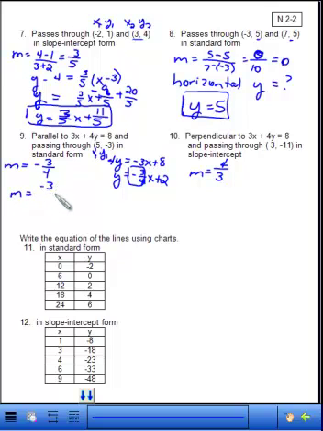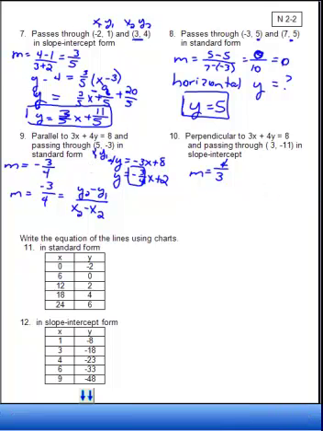Slope is -3/4, and the slope of our equation is y2 minus y1 over x2 minus x1. Okay? Now we're going to use this point for our x1, y1. So instead of the y1, we're going to put in our -3. So x minus a -3.